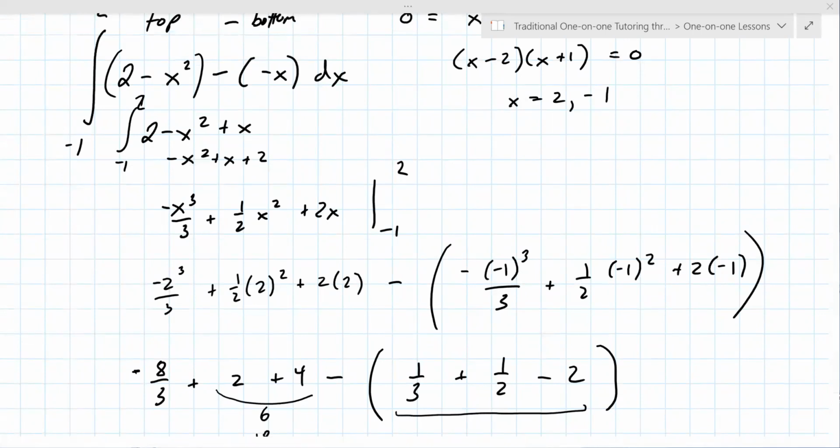So someone's off here. Let me look. Did I get the right bounds? Negative 1 to 2. Yeah. So let's see here. It's 2 minus x squared plus x. Maybe the negative 1 is.